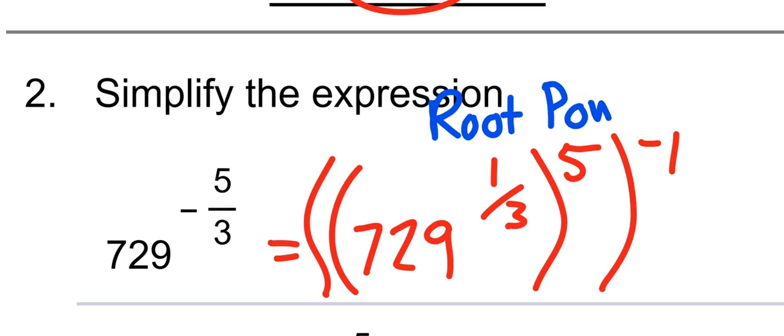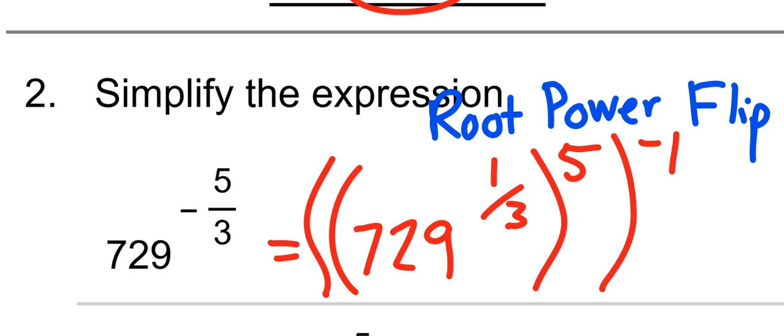If you ever meet a negative fractional exponent in a dark alley, this is the self-defense move you're going to do. Root power flip. It works every time. Okay?